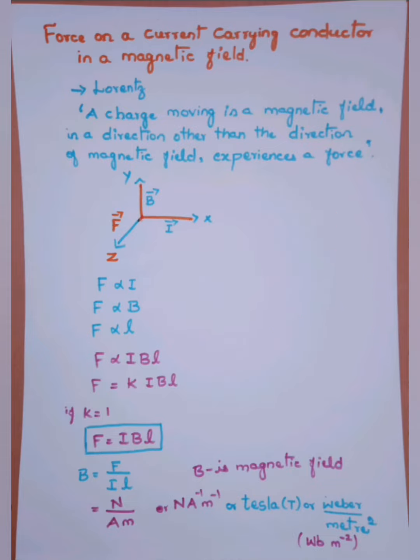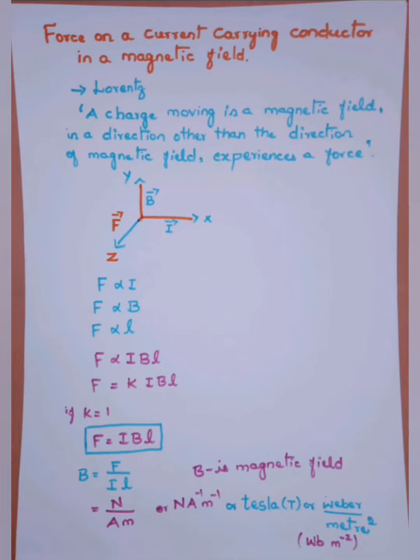Same way, whenever I remove this, I just insert a constant k. Therefore, this equation becomes, suppose that k is equal to 1, F is equal to I into B into L. So, this is the expression for force on a current carrying conductor in the magnetic field.